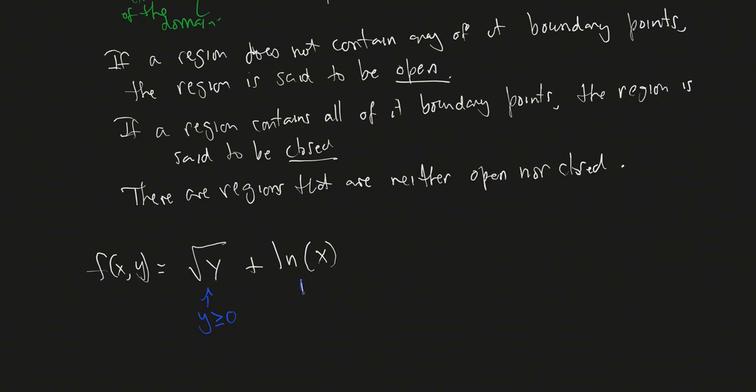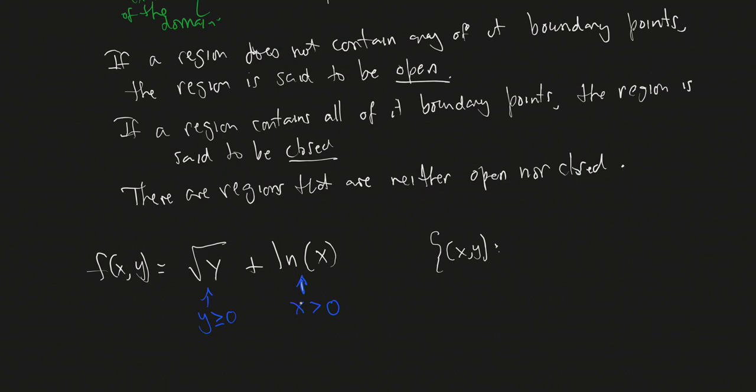This term implies that x has to be strictly greater than 0, right? As far as the set notation, this is what it would be: a set of all ordered pairs. Now we have restrictions on both, so we have to state both.